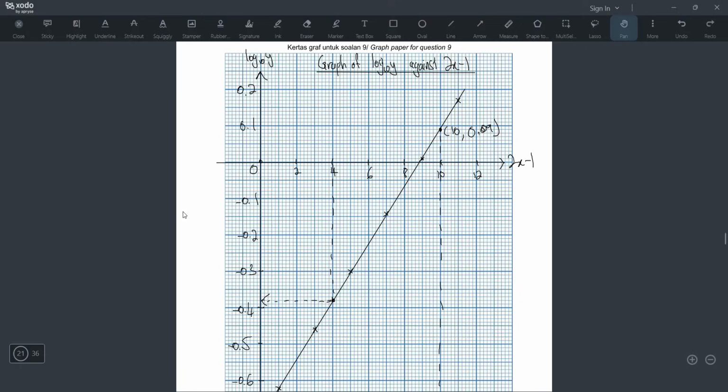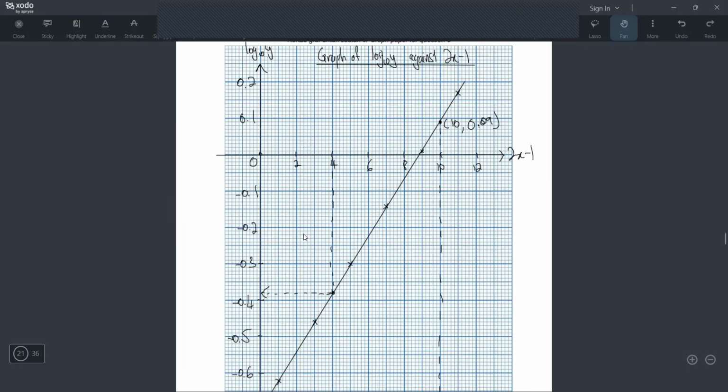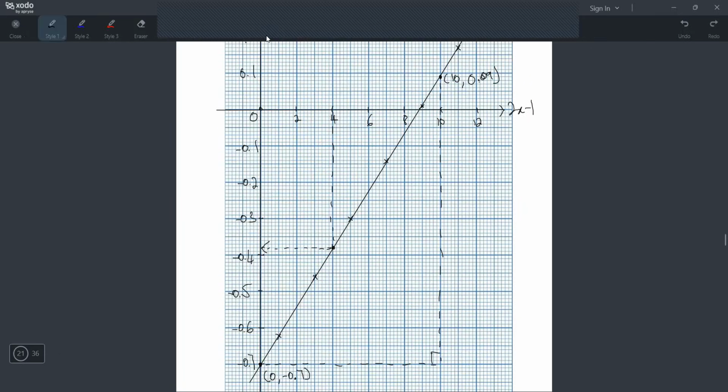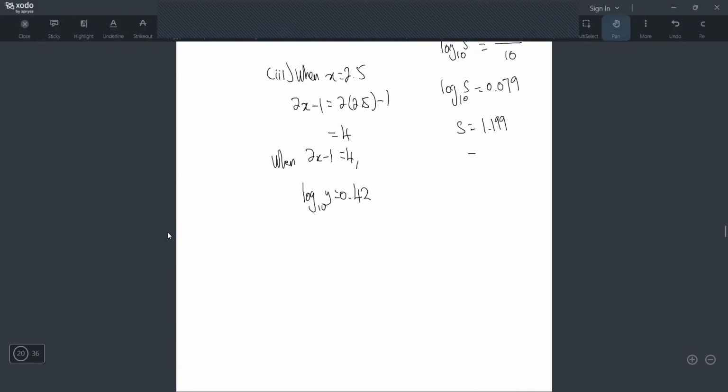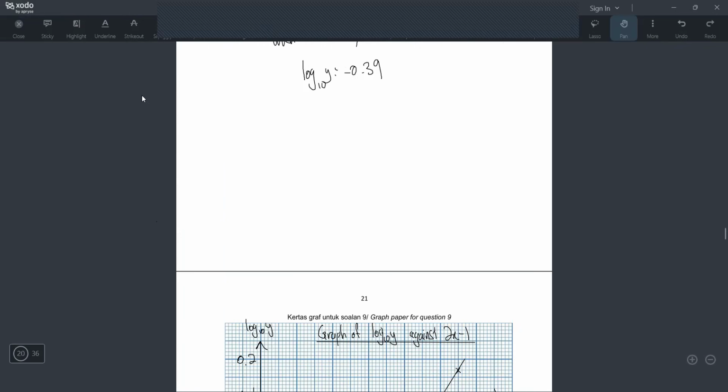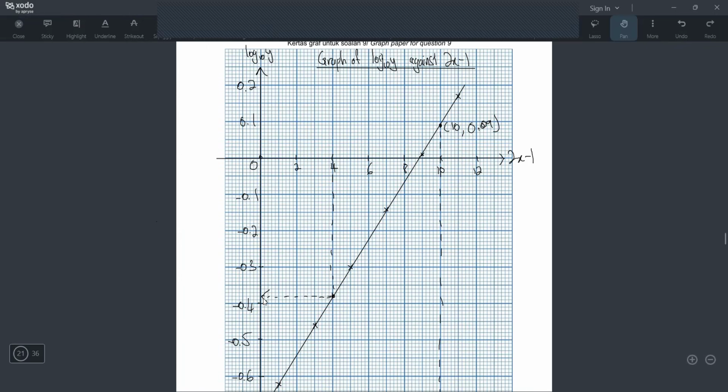Oh, I'm stupid. This is not negative 0.42 lah. This one is negative 0.38, right? Because this one is negative 0.4, naik 1, so negative 0.39. Ayo, sorry. This is what happens when you do Addmaths for too long. You forgot the basic already. You move up means you tambah 0.01.